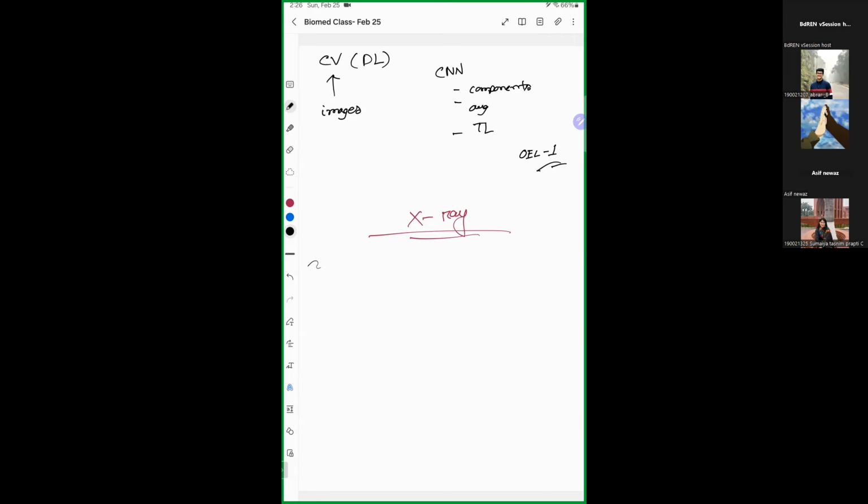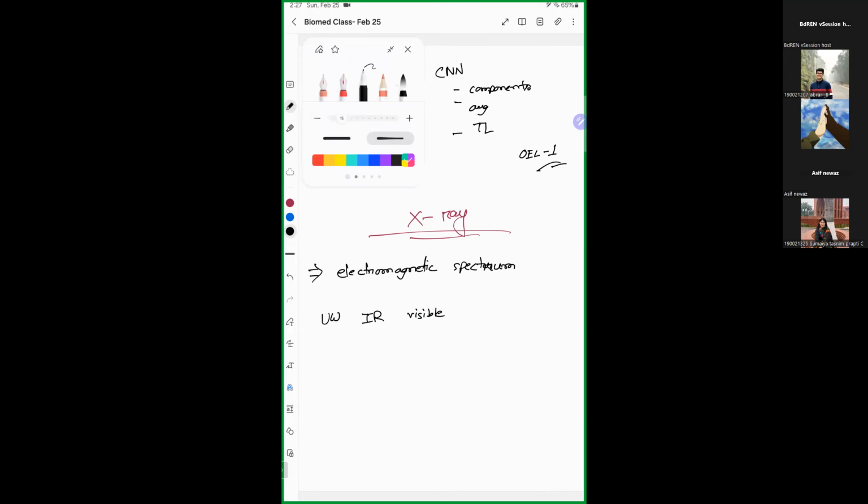Now, X-ray belongs to the electromagnetic spectrum. In the electromagnetic spectrum, you have different types like microwave, infrared, then visible light. Then you have UV, then X-ray, then gamma ray.